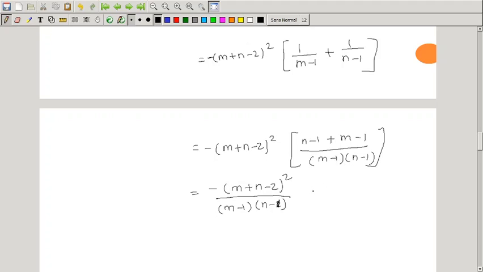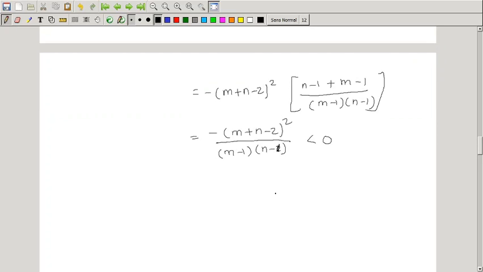This term is positive since m and n are positive: subtracting 2 from the sum of m and n and squaring it gives a positive term, and m minus 1 into n minus 1 are both positive, so the whole term is positive. Multiplied by minus, this term is negative. So this satisfies your second condition.